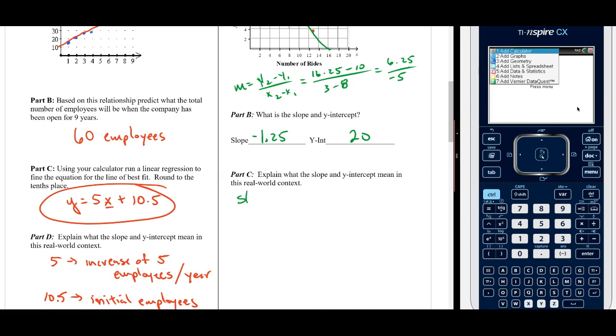So the slope is how much one ride on the bus costs, and the y-intercept, remember that's where it crosses the y-axis, which is in this case the amount of money that we have. It's going to be the initial amount on the ticket.